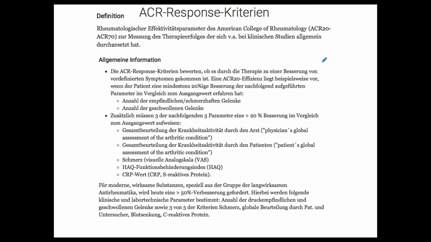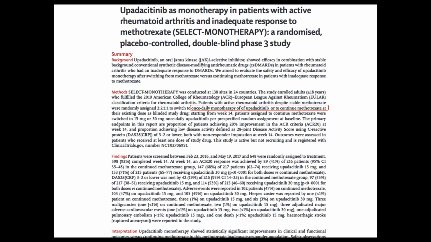So the ACR response criteria, if you're a rheumatologist, you know all this by heart, but we need to be familiar with this. In this particular study, these are rheumatoid arthritis patients that would otherwise be treated with methotrexate, and we could consider the possibility of treating them with a JAK-STAT inhibitor, upadacitinib. Can't even pronounce it, but JAK-STAT, we know how that works. Cytokine signaling inhibitors, JAK inhibitors.